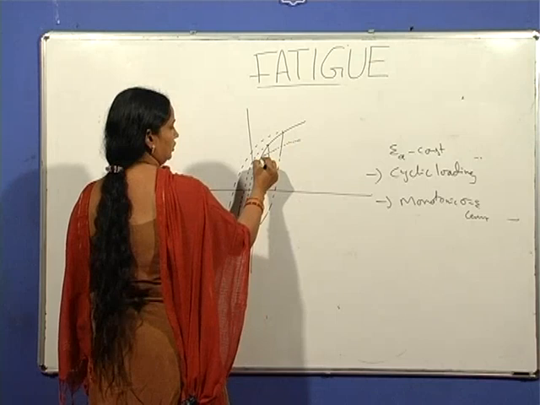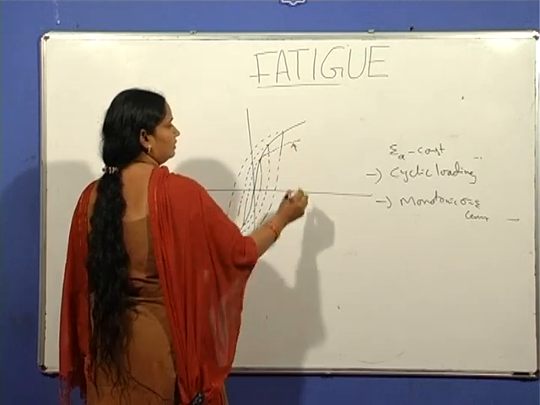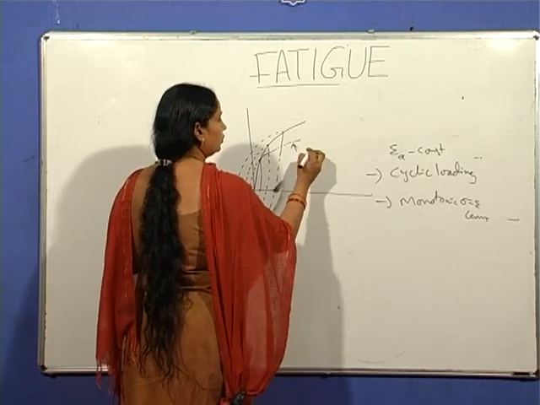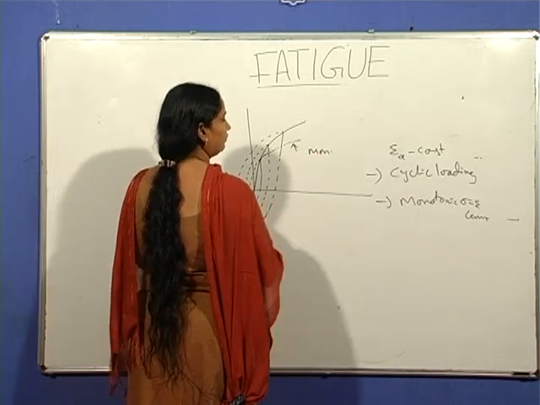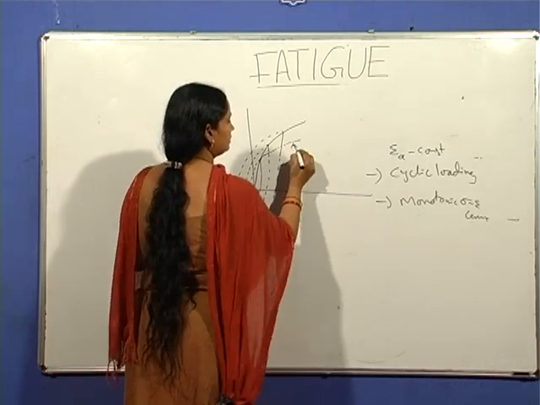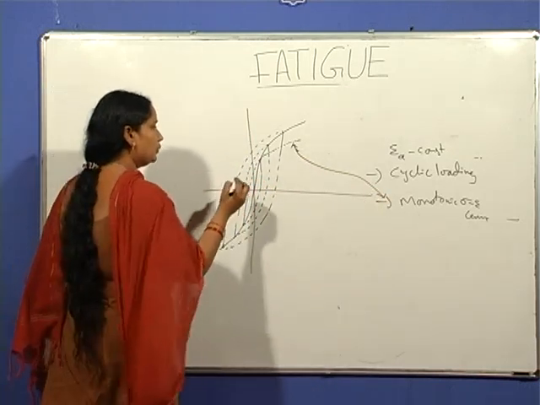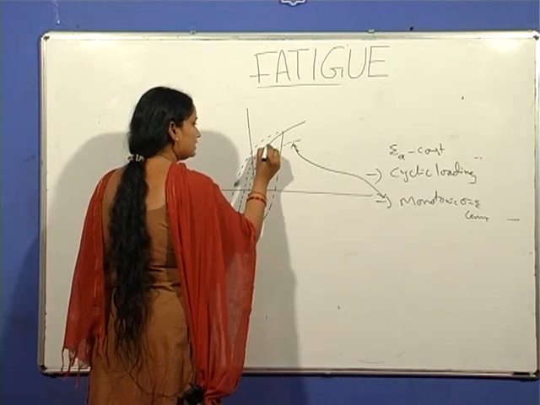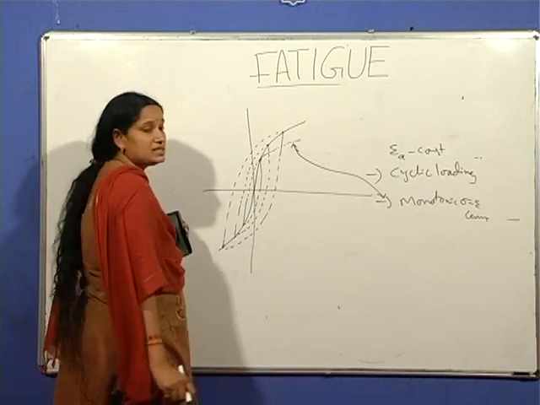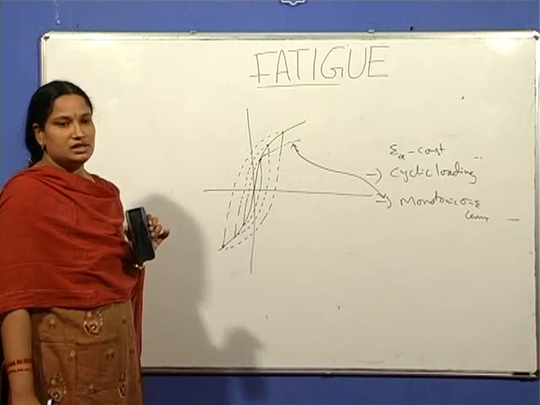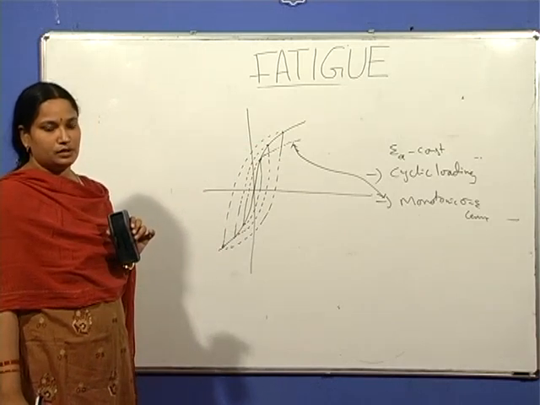So this dotted curve indicates the monotonic stress strain curve. These points here indicate the stress amplitudes in the case of the constant strain amplitude test.